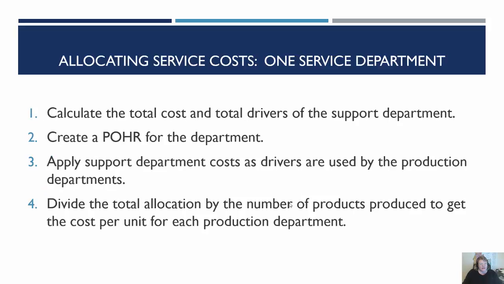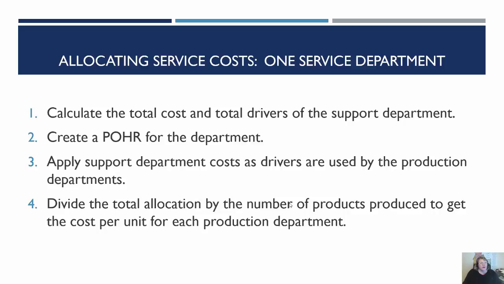So we have 4 steps to allocating service costs, and this is for one service department. Most companies have more than one, but we're going to take a look at just one and then we'll work our way up. The first step is to calculate the total cost and total drivers of the support department. And then we need to create a POHR for the department. And this is just like calculating a POHR for manufacturing overhead.